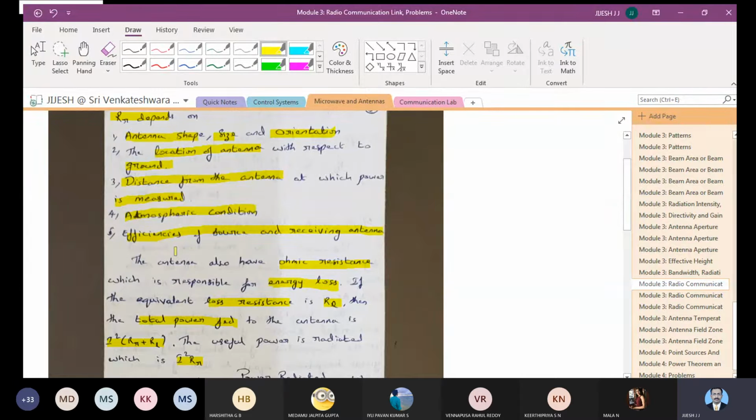When you feed the antenna, you have to feed with the loss resistance component as well for the transmission of the signal. So it will be I square into RR plus RL, and the radiated power will be I square into RR. We'll be going ahead with a few equations. You can make a note of all these things.